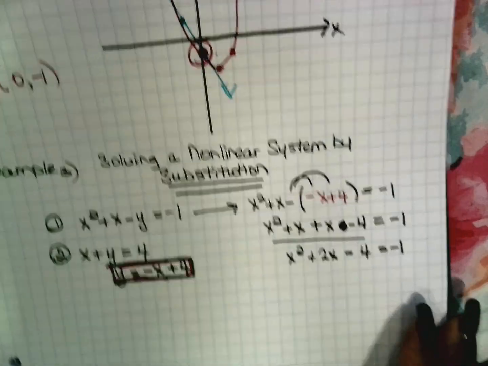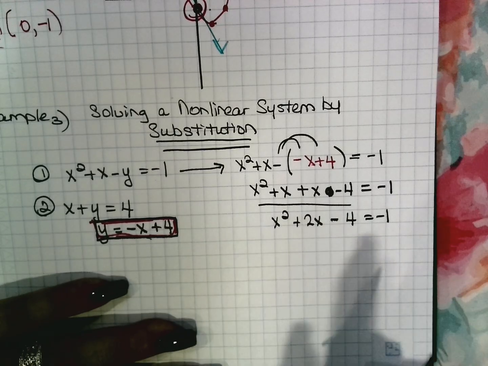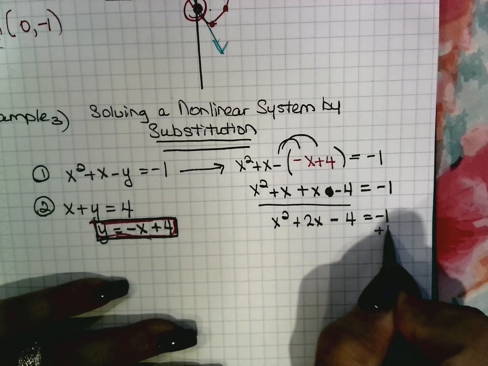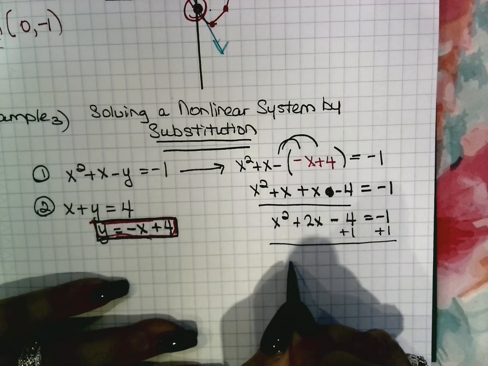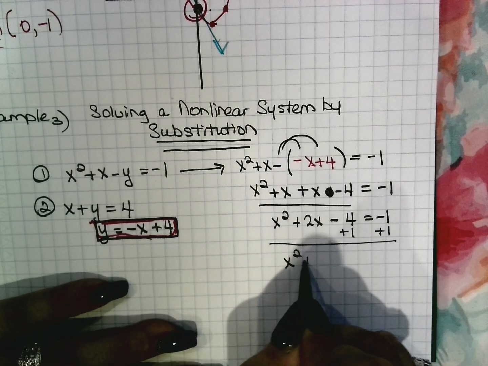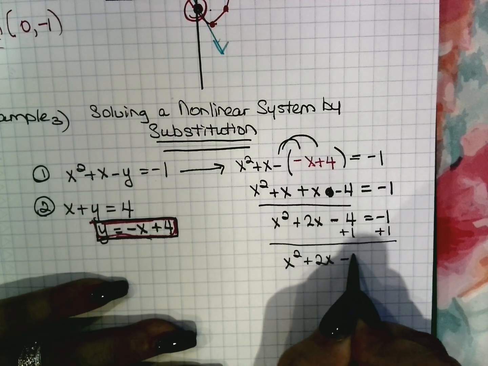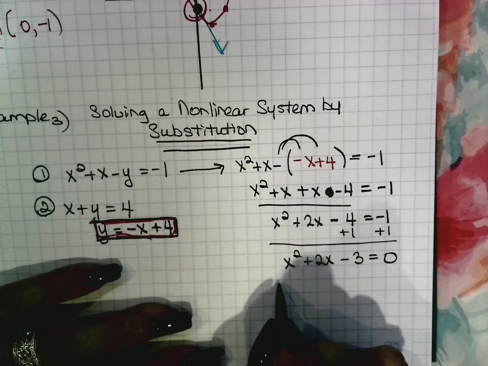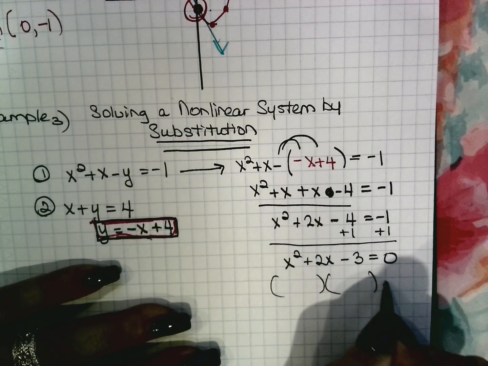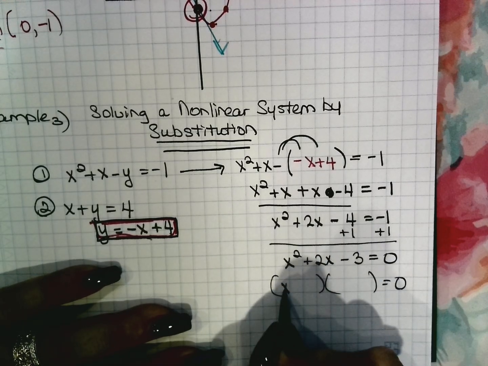Again, we're going to get to the point where we want to factor this, so I'm going to add 1 to both sides so I can get a 0 on the right side. And that's going to give me x squared plus 2x minus 3 equals 0. And we know how to factor this. This is an easy one to get our answers.